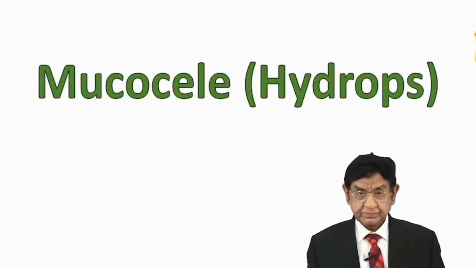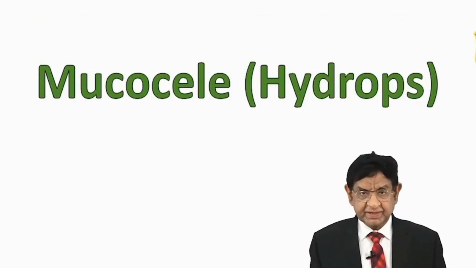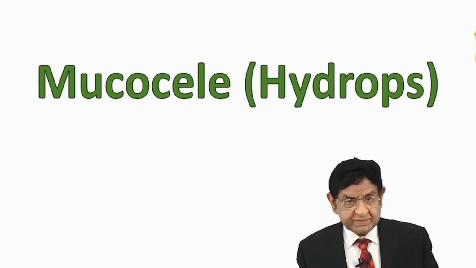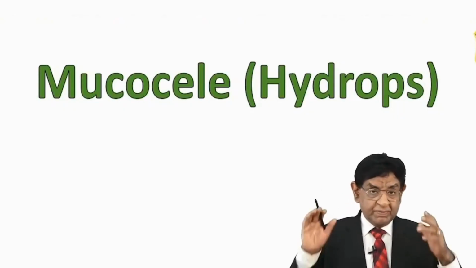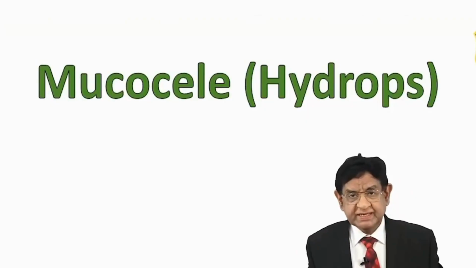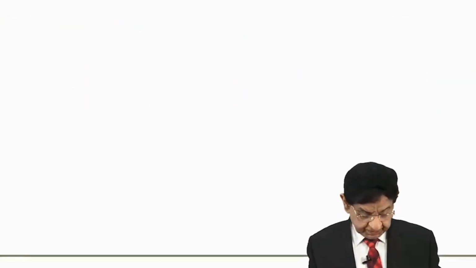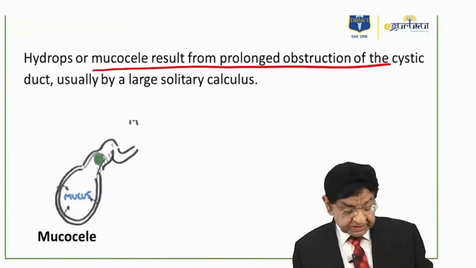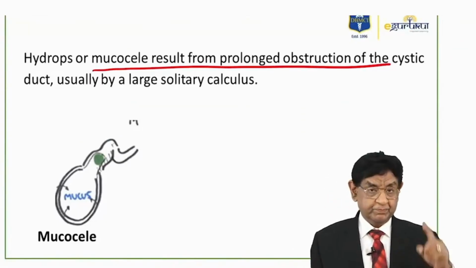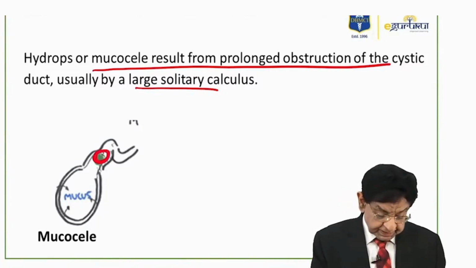Mucocele: the basic concept I already discussed, so now my work becomes easy. The epithelium of the gallbladder secretes mucus, and if the cystic duct is blocked, excess mucus accumulates and makes a mucocele. Mucocele results from prolonged obstruction of the cystic duct, especially by a gallstone.